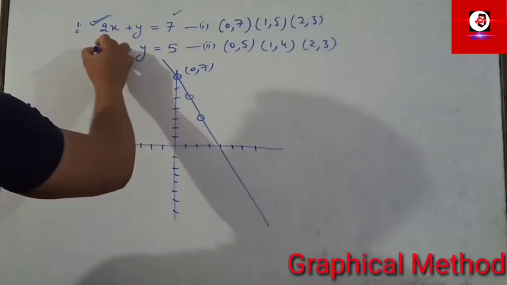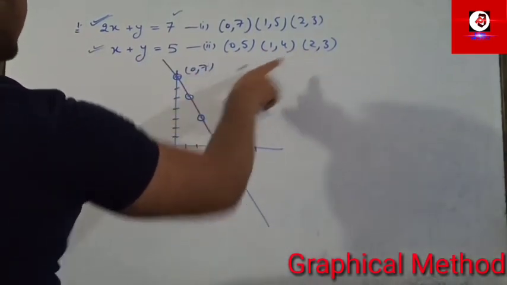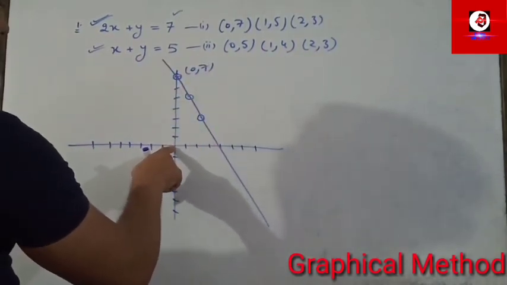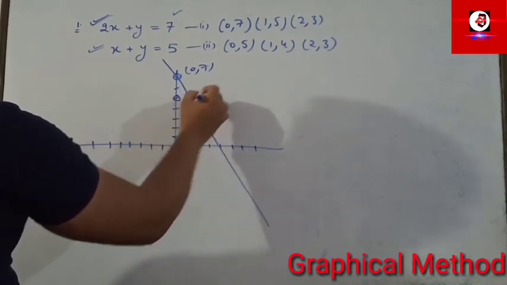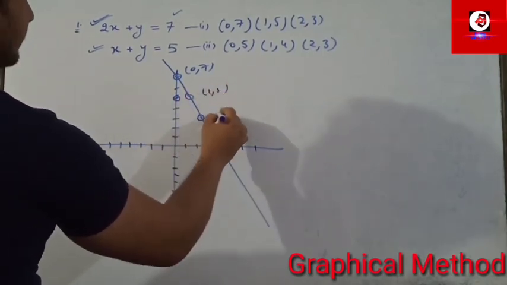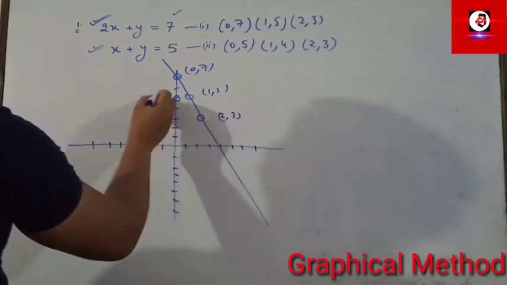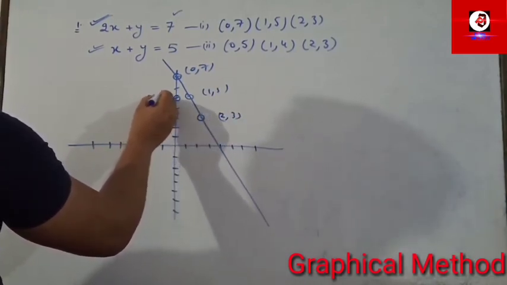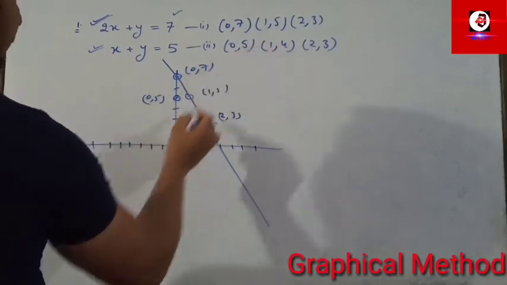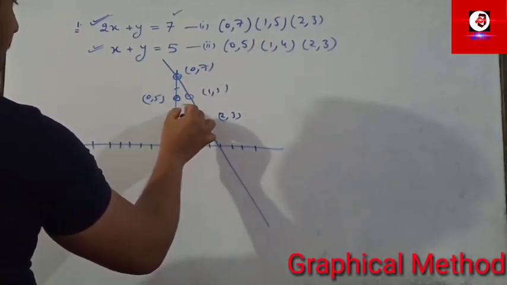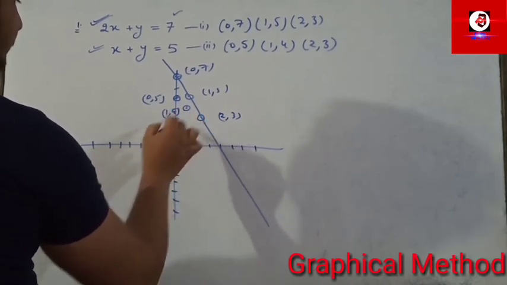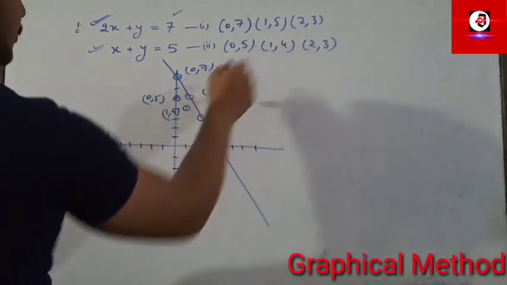Again we will represent the 3 points 0, 5, then 1, 4, and the last one, 2, 3.